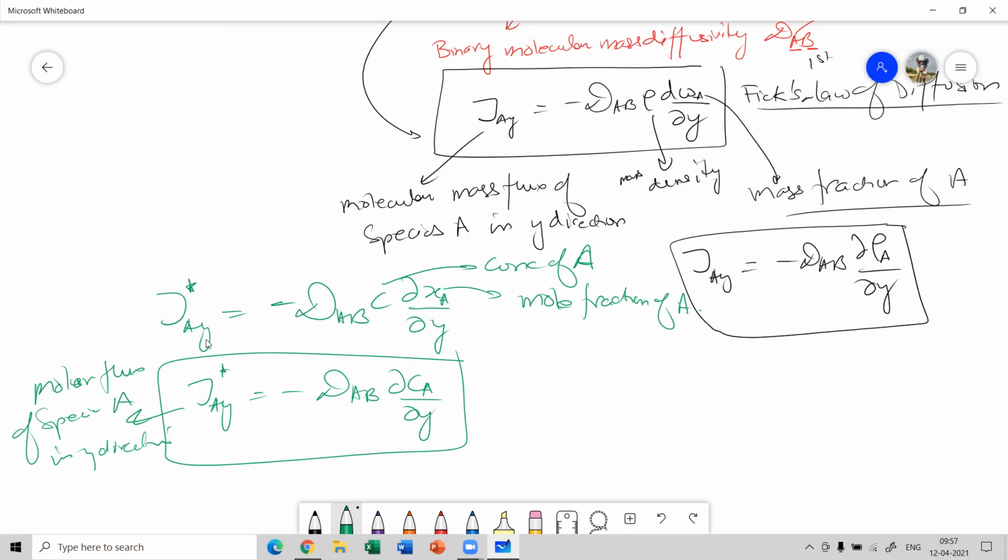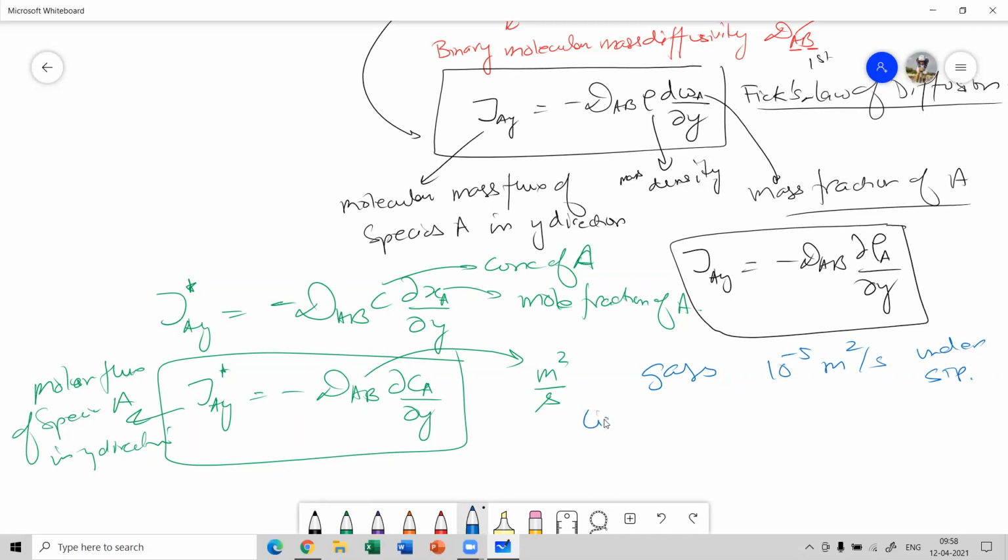Now, the diffusion coefficient DAB has the dimensions of meter square per second. For gases, the diffusion coefficient is in the range of 10 raised to power minus 5 meter square per second under standard temperature and pressure conditions.